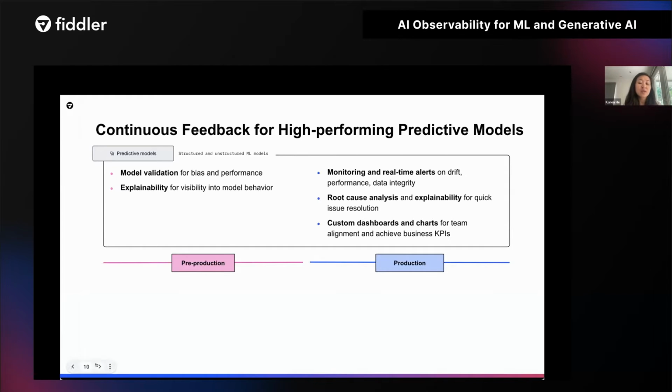Once the models are in production, ML teams can monitor and get real-time alerts on drift, performance, and data integrity.